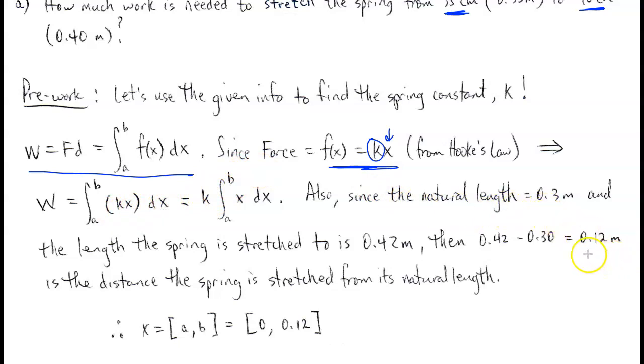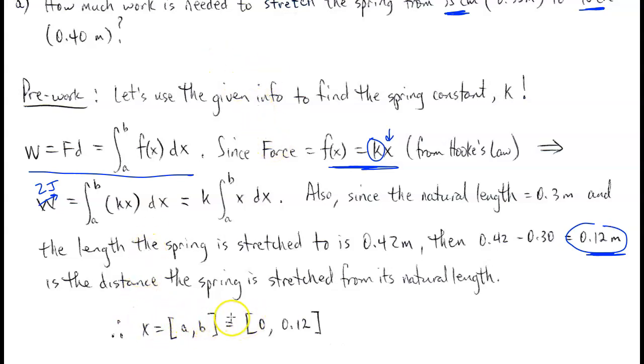And again, like I said before, we only care about the difference between the natural length and where it stretches out to. And we know that this work could be exactly 2 joules whenever we stretch the spring 0.12 of a meter from its natural length.